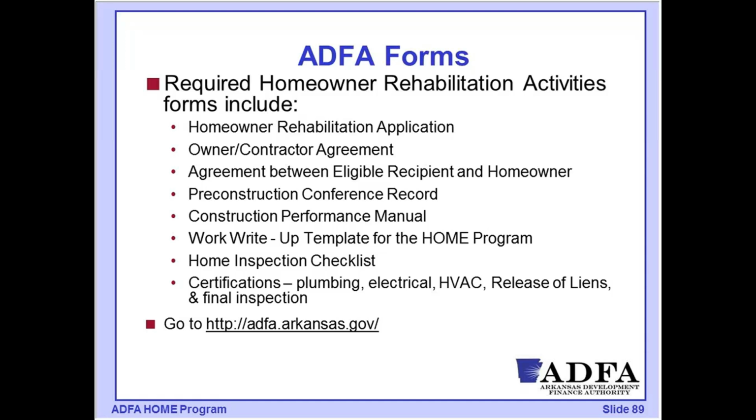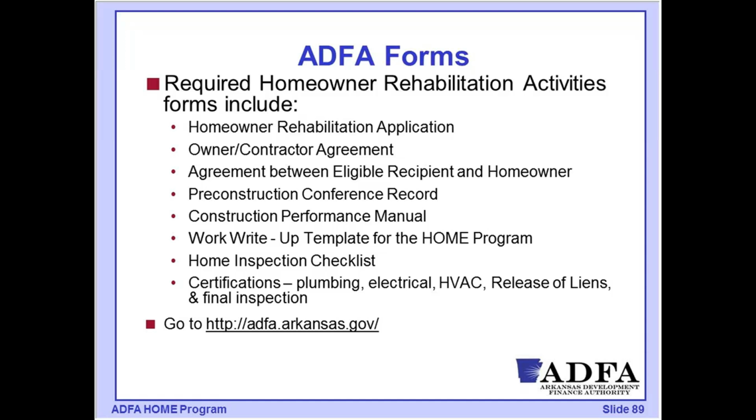And also there are standard certifications for plumbing, electric, HVAC, forms to use for sign-off on the release of liens on the property, and also for the final inspection. All of these forms are available at the web address that's listed here, and that would all be part of your standard file that you would have in place for each of these applicants.